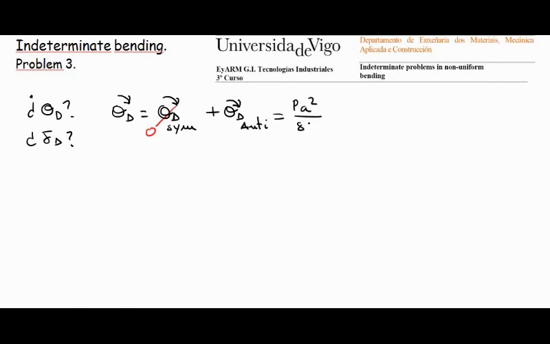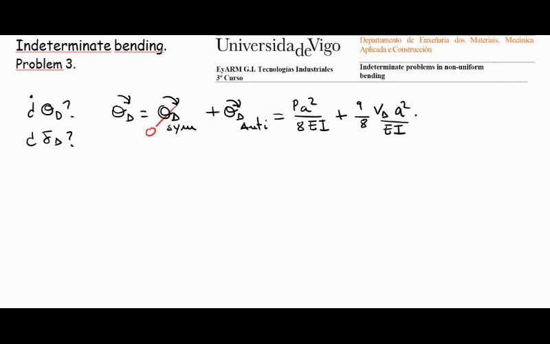the force P in AB. So this is PA squared divided by 8EI plus 9 over 8, this is the contribution of the shear force, so 9 over 8 the shear force multiplied by A squared divided by EI.